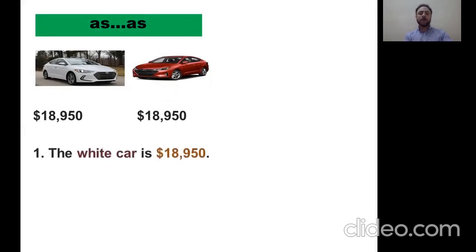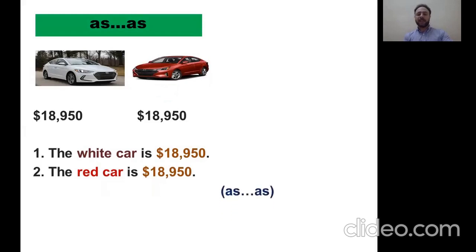Number one, the white car is 18,950 US dollars. Number two, the red car is 18,950 US dollars. Use the structure as...as. If we look at the price of both cars, we will find out that both cars have the same price.